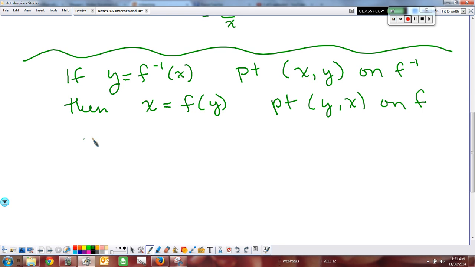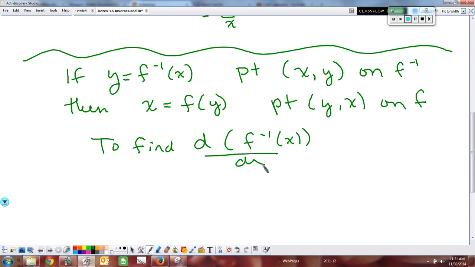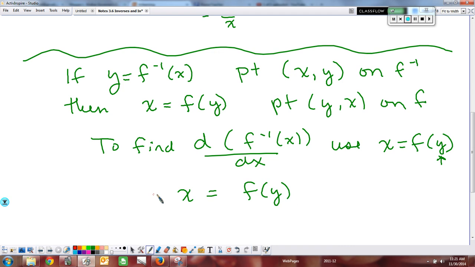Now, in order to find the derivative of f inverse of x with respect to x, we're going to use x equals f of y, and find dy dx implicitly, just like we did with the inverse. So I take x equals f of y and take the derivative implicitly with respect to x.